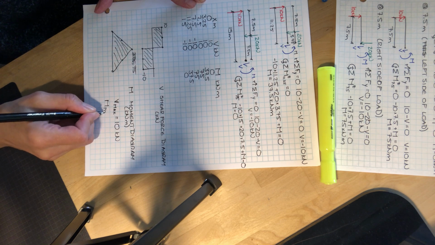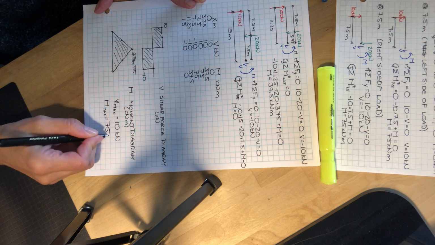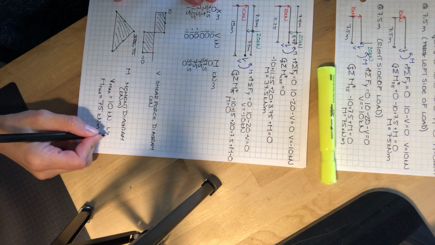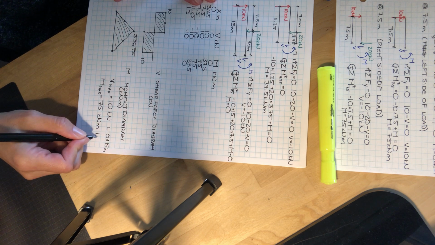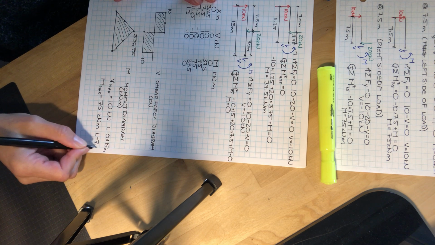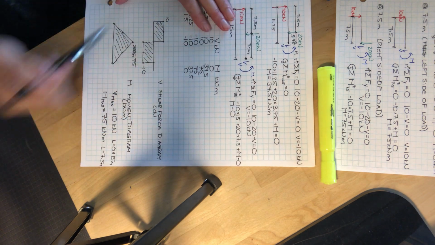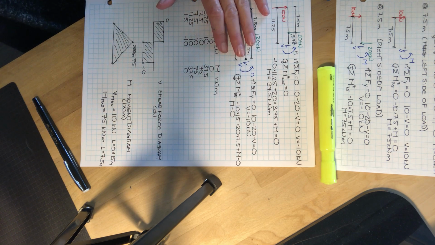And for our maximum moment, it was 75 kilonewton meters. And this happened at L equals 0 and 15 meters. And this happened at L equals 7.5 meters, or the halfway point. And we might be able to figure something out about that in a little bit, but I'll record that in a separate video.